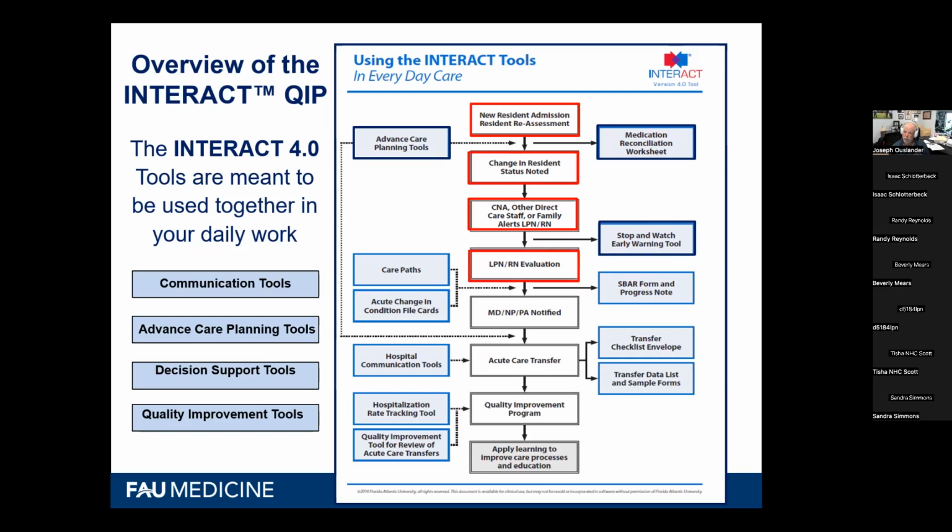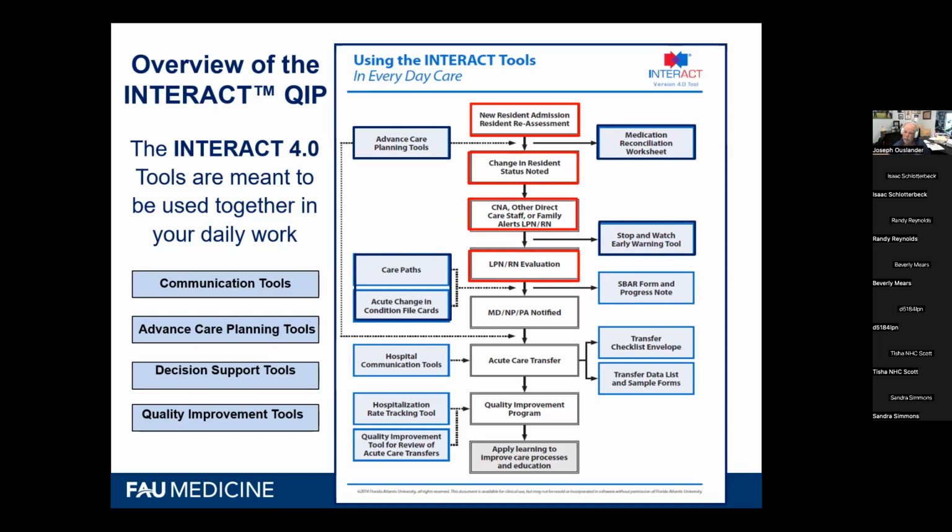And that should be communicated to a licensed nurse who can elect to do an evaluation if they think that's warranted. And while they're doing the evaluation, we have decision support tools.